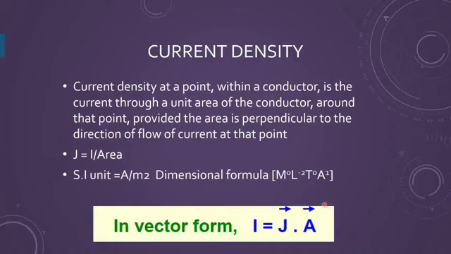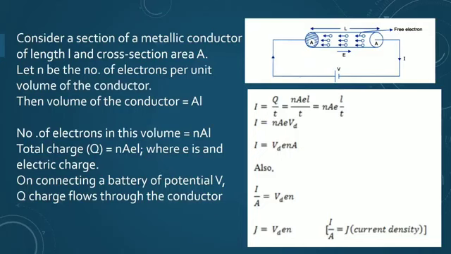If you want to write it in vector form, current is given by the dot product of J and A, where A is area and J is current density. So being the dot product of two vectors, current is a scalar quantity. This can be further proved that current is a scalar quantity, being the dot product of two vector quantities.